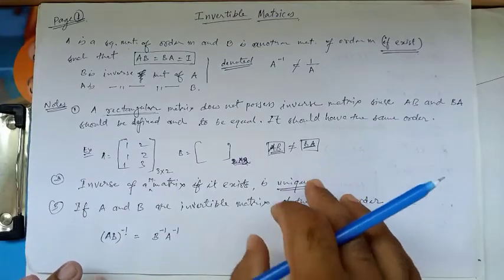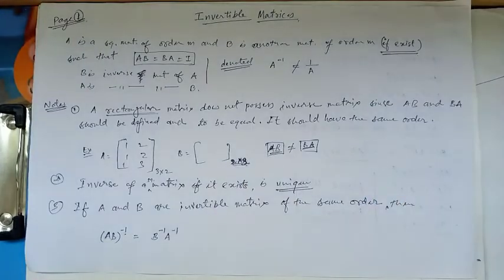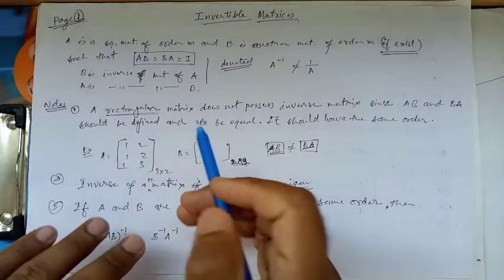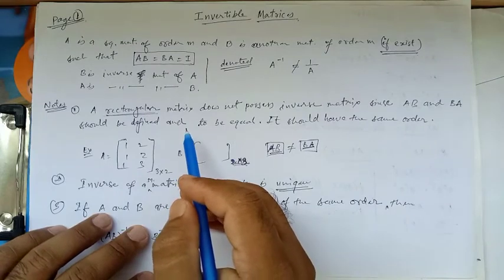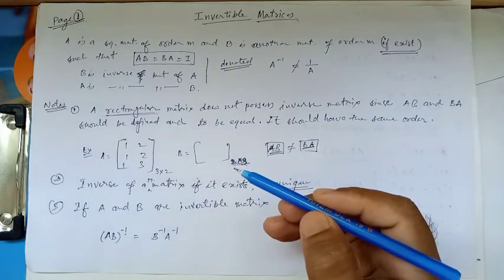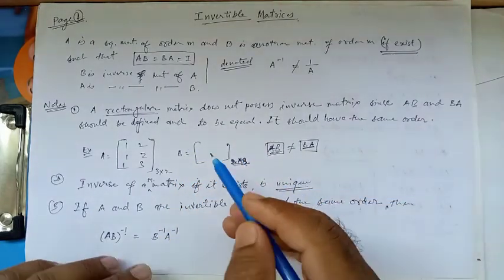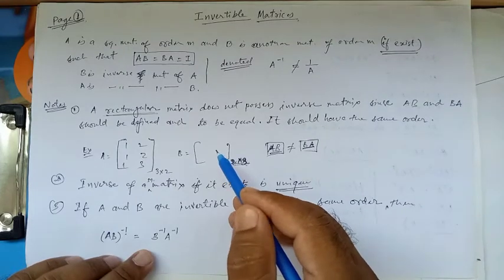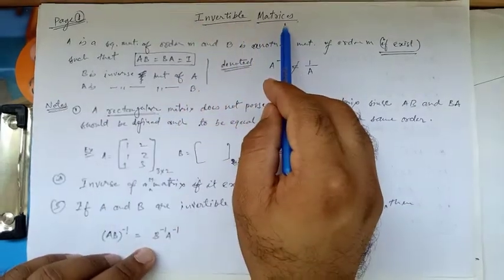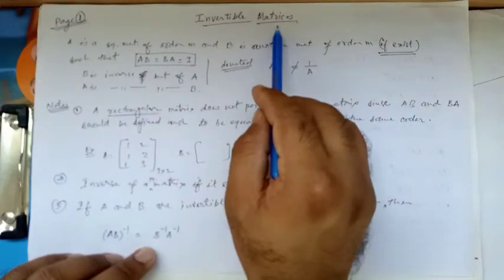In the last class we studied invertible matrices, and I explained some more things. We will look back at the invertible matrix, that means we are finding the inverse of a matrix.